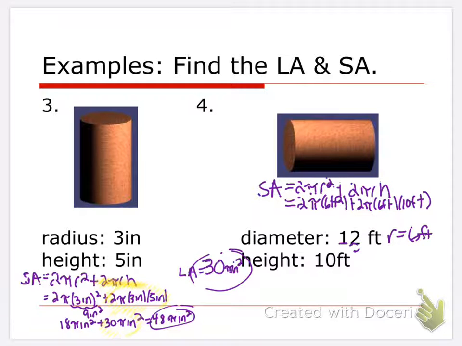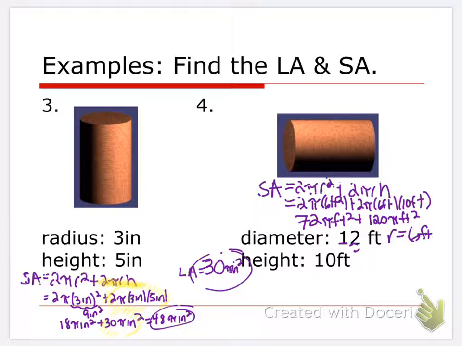So 6 squared is going to give me 36. 36 times 2 is 72 pi feet squared. All I'm doing is multiplying those coefficients. And then on this side, I have 2 times 6, which is 12, times 10 is 120 pi feet squared.